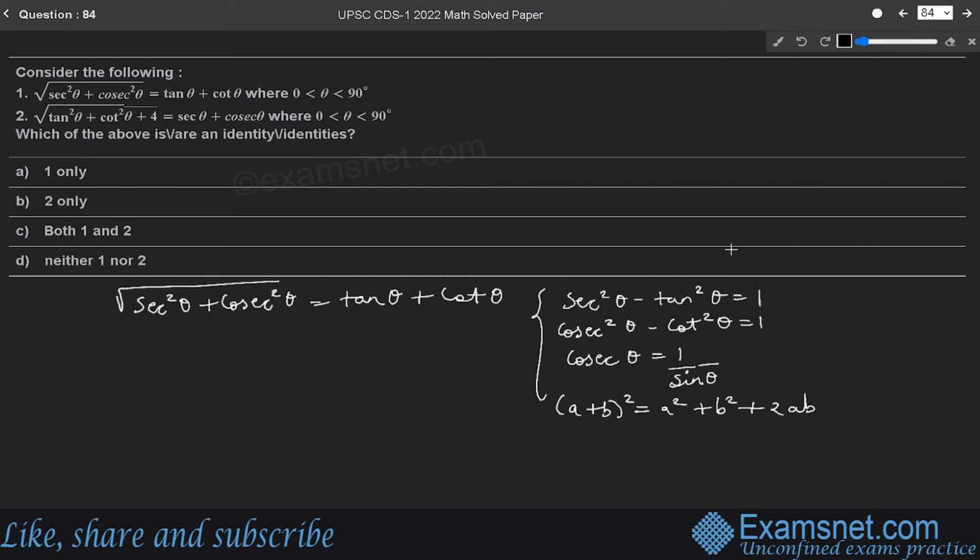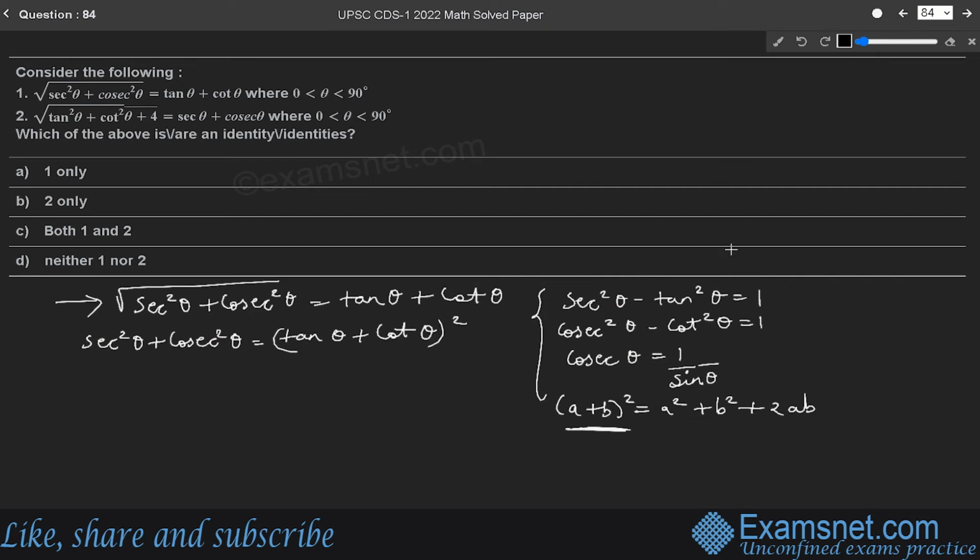Now first statement is this. On squaring both the sides, it will be sec square theta plus cosec square theta is equal to (tan theta plus cot theta) whole square. Now we know the formula for (a plus b) whole square.